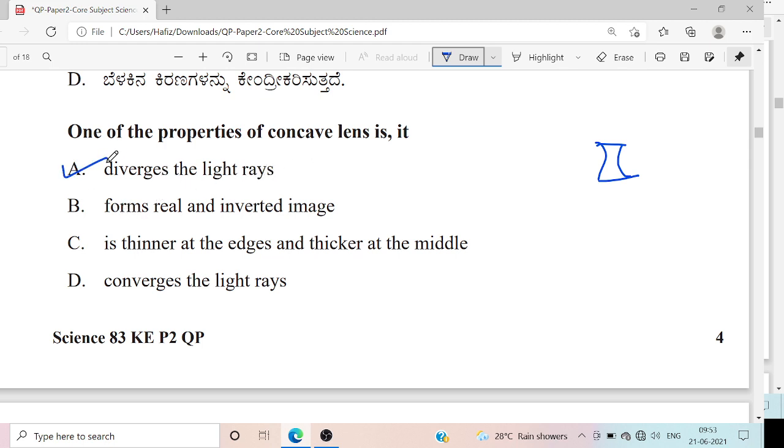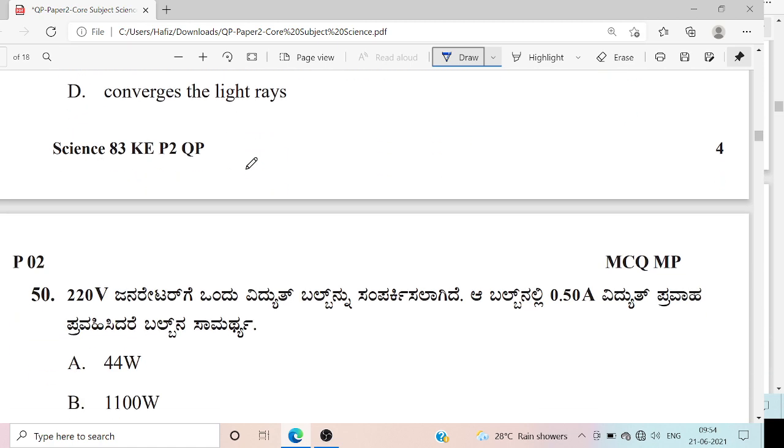Forms a real and inverted image? No, a concave lens always produces virtual and erect images. It is not thinner at the edges, so these two are not the option. Converges the rays? No, it diverges the rays of light. So option A is the correct answer for the question.